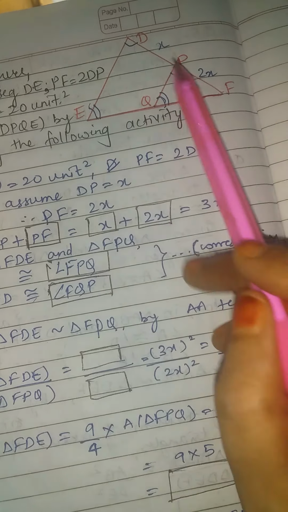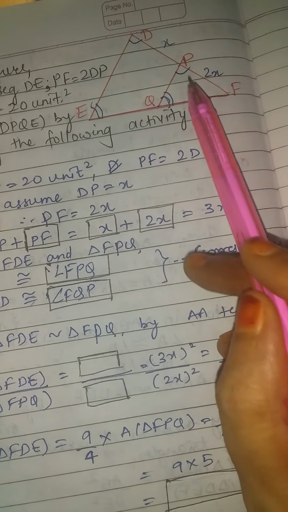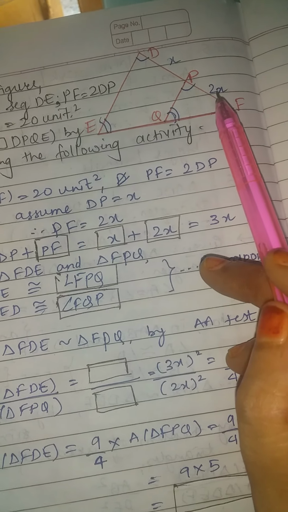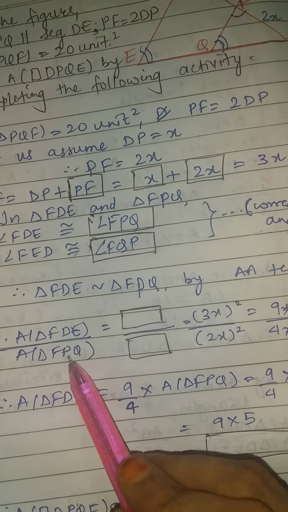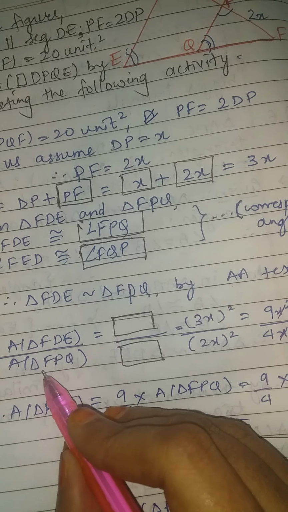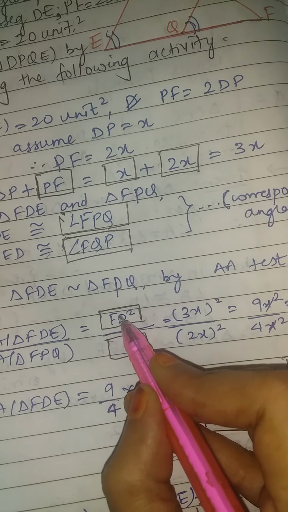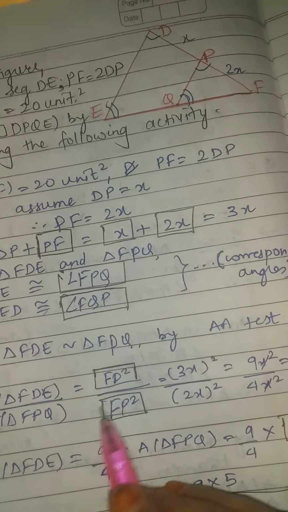Now FD we have found as 3x, and FP will be equal to 2x. So we can write area of triangle FDE upon area of triangle FPQ will be equal to FD square upon FP square, right?